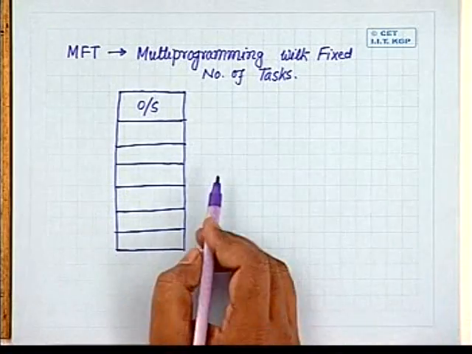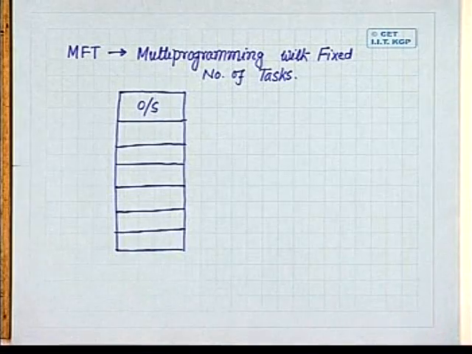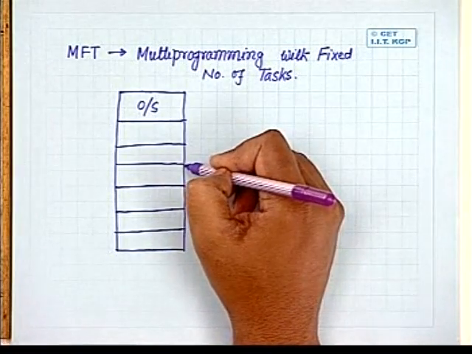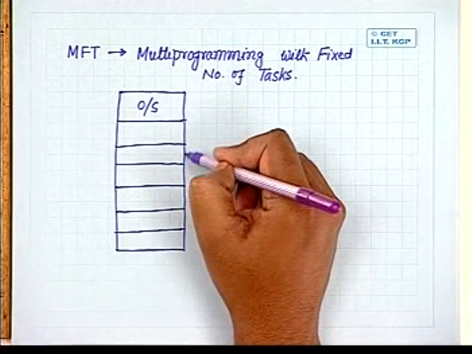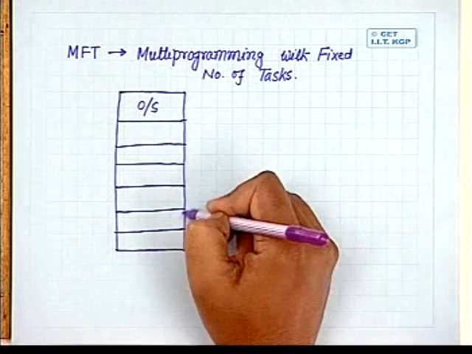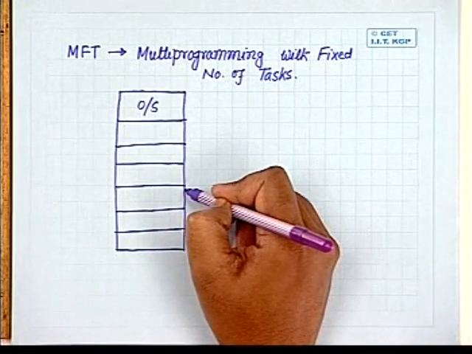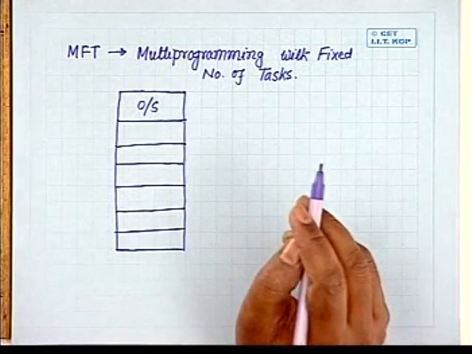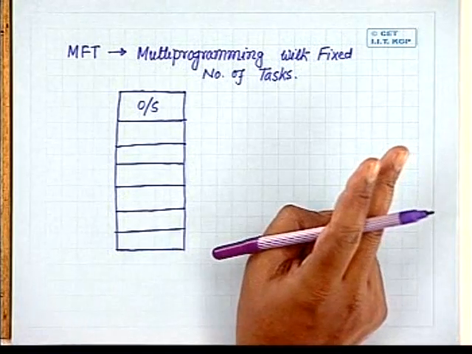But in this case what I need is, because I have got multiple partitions, I have jobs which are at addresses less than the partition address. I have jobs which can also be at addresses higher than the partition address. That means to protect every job against others, I must have two bound registers.